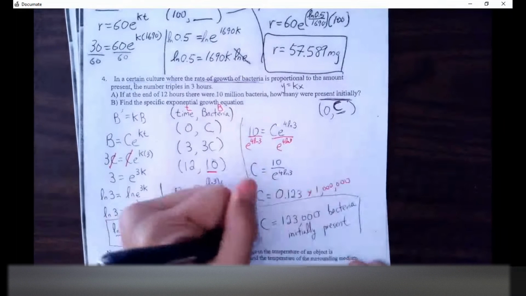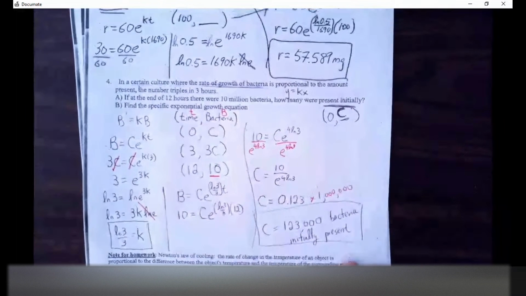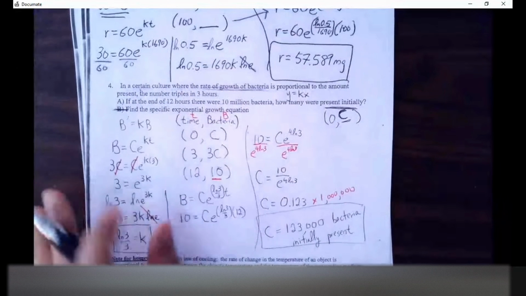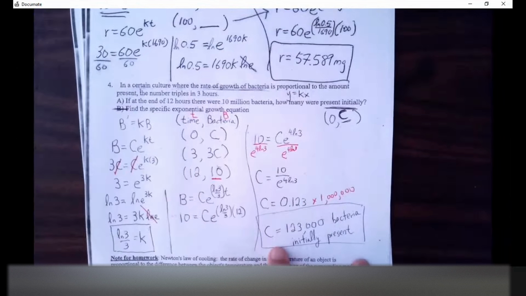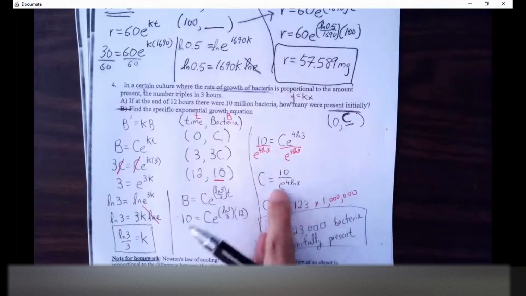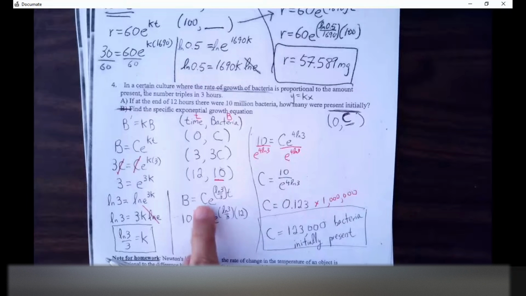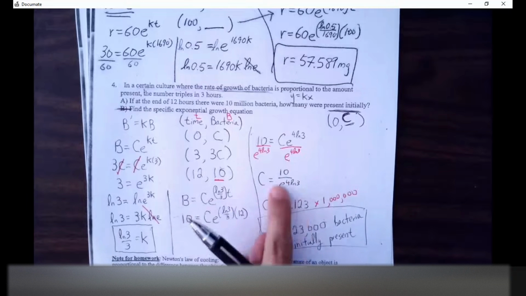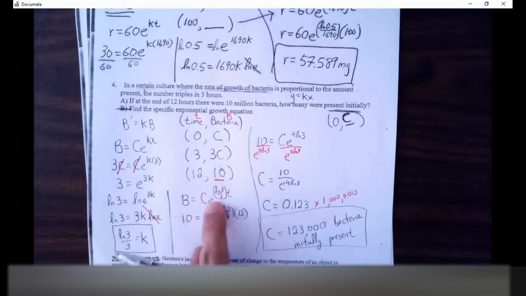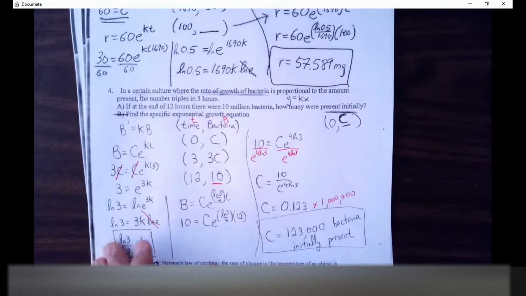Okay, any questions here? We're going to skip B for now, finding the specific equation. We just wanted to get to that c value. But really, we're just taking this and dumping it into this equation here. So it's not too bad, right? Just put that in for the c, whatever that mess gives us, that's our specific exponential growth equation.